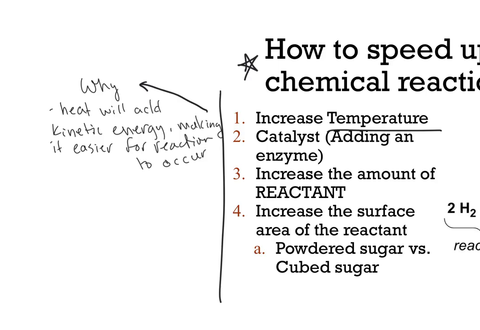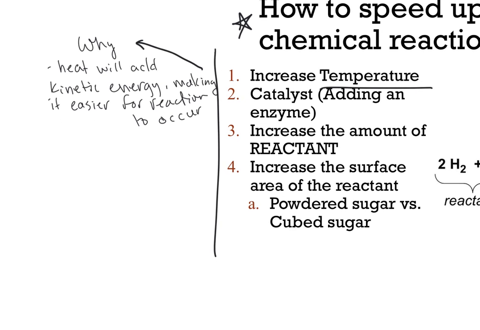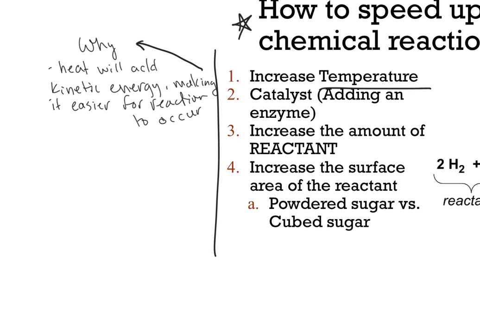All right. So warming things up, and we kind of saw this in the properties of water lab. When we added the sugar cube into the hot water, it dissolved a lot faster. And that's because of that kinetic energy, that movement of those water molecules, which helps dissolve that substance even more.